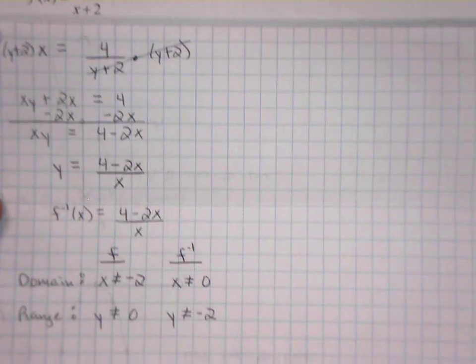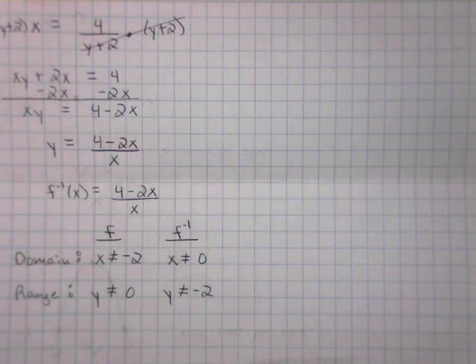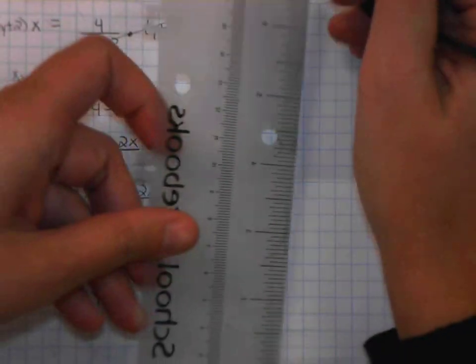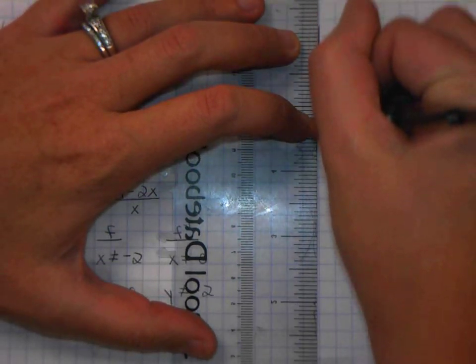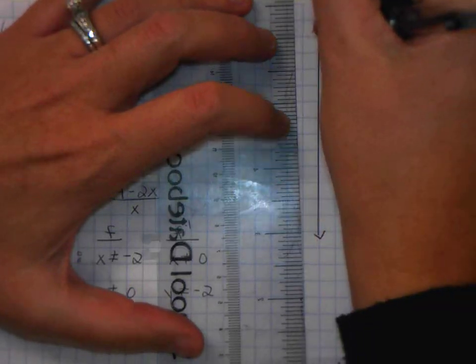Okay, next thing is the graph, and in order to be successful with this graph, you have to remember some things about graphing the reciprocal function, which it's been a little while, so I'm not sure how much you guys remember.